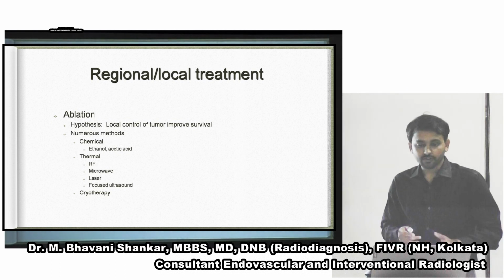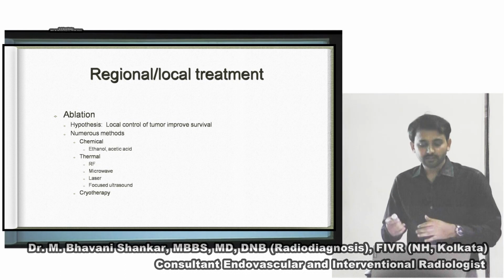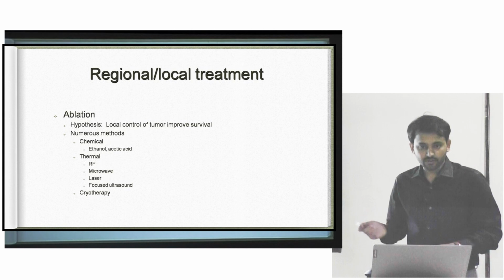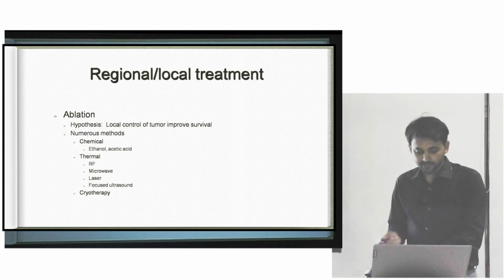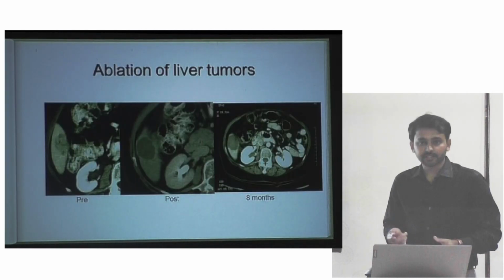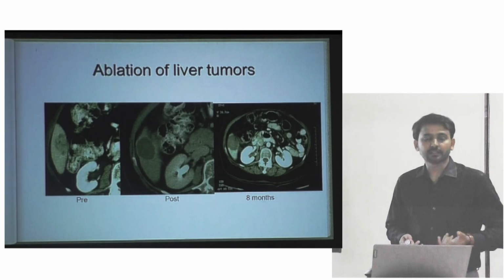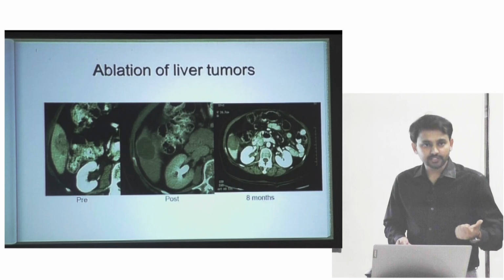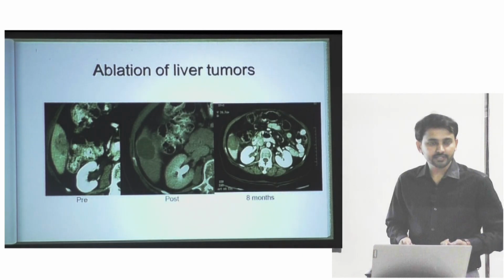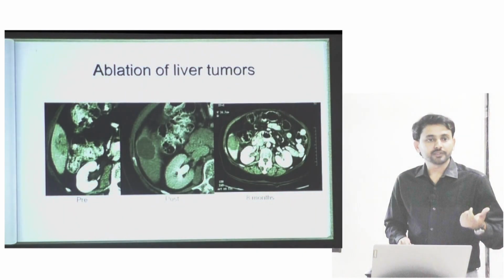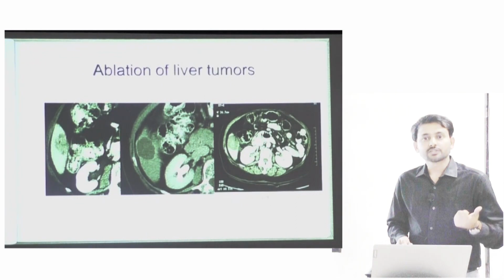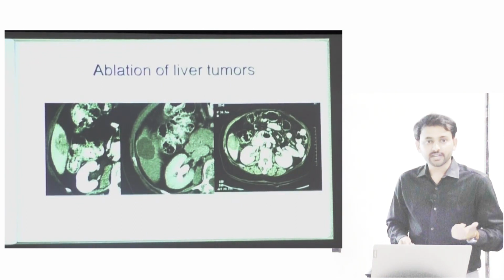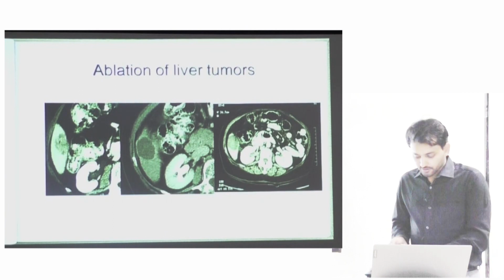So regional or local treatment, like ablations such as microwave or radio frequency ablation, or embolization techniques like transarterial chemoembolization or transarterial radioembolization, will give beautiful survival rates, with 1 year survival almost 95 to 96% post treatment.